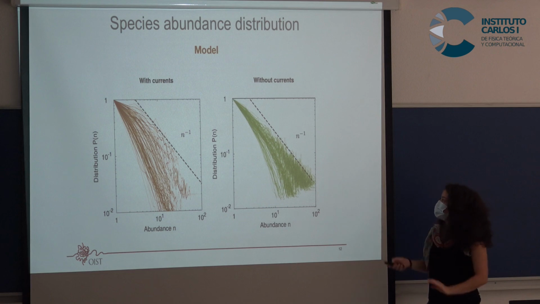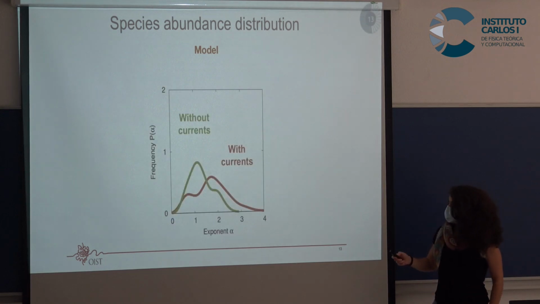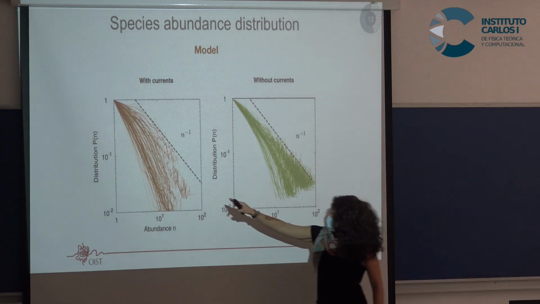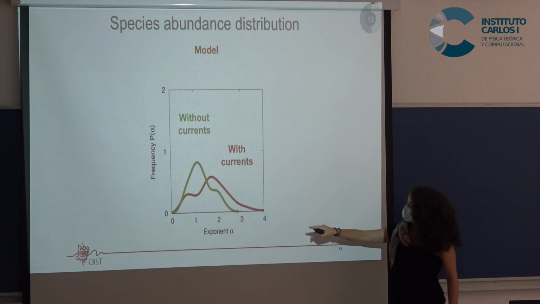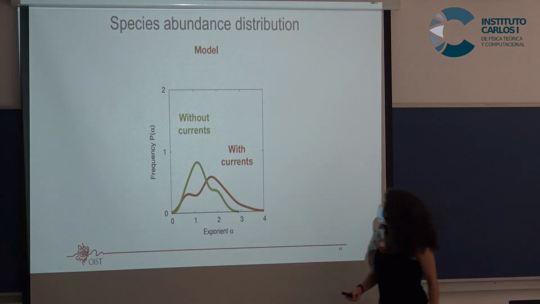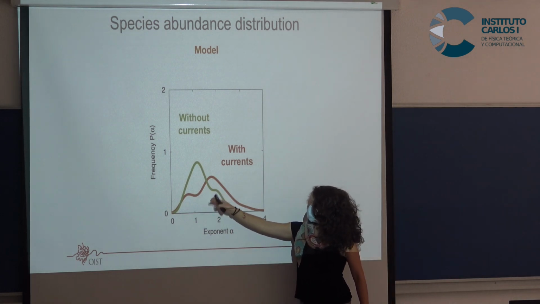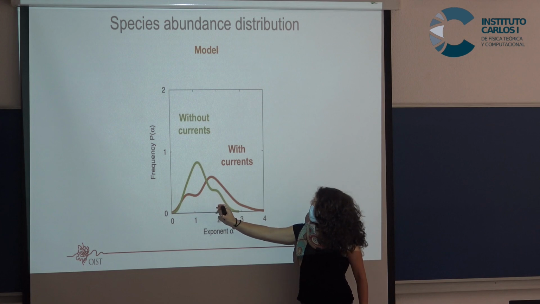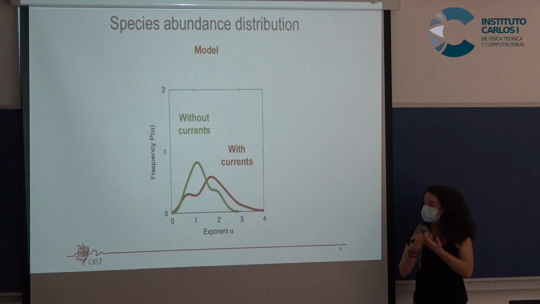This is maybe difficult to see in this figure, but what we do is represent the exponent alpha of our curves and measure the distribution of these exponents. And what we see is, although there are some areas in which you could not distinguish them, there is a clear separation.